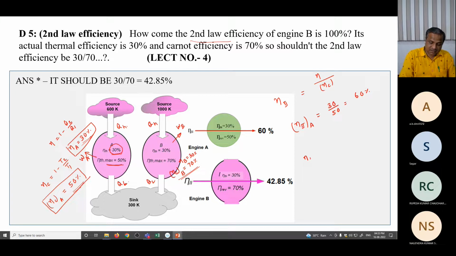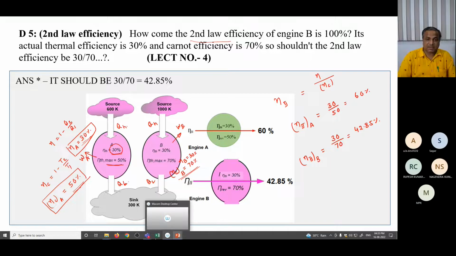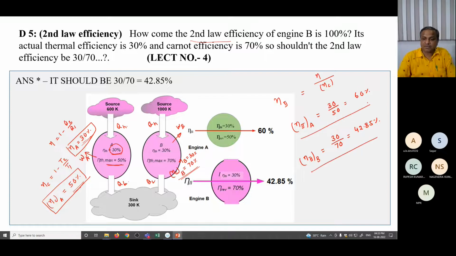In the second case, the second law efficiency for B will be 30 by 70, so it will be 42.85%. Thank you for your attention in correcting this lecture. There were some mistakes in lecture number 4, and the corrected version can be found from this slide.